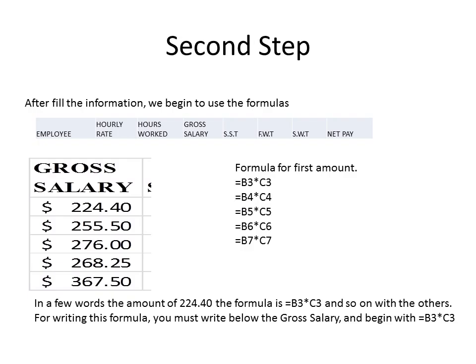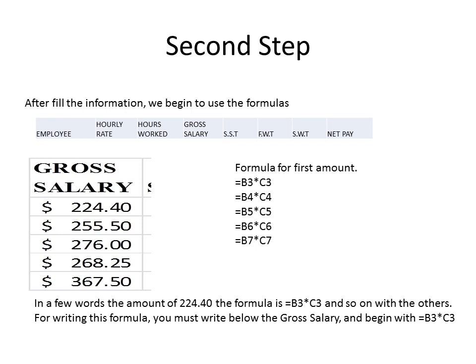The second step, when you finish filling in the employee names, hourly rate, and hours worked, you begin with the gross salary. You select the first blank cell below gross salary, and you need to write this formula: equal B3 times C3 and enter.